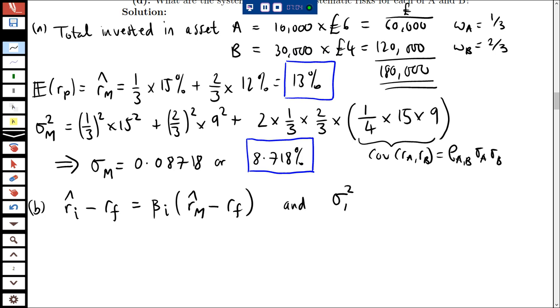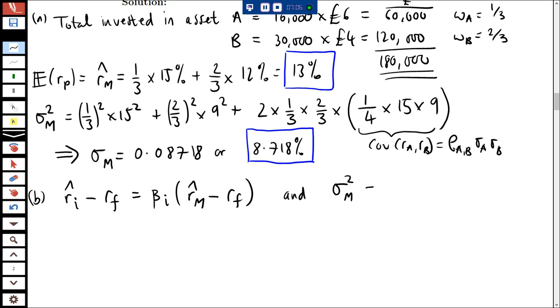And the beta is the covariance divided by the variance, so the constant of proportionality is set up to be the beta value.